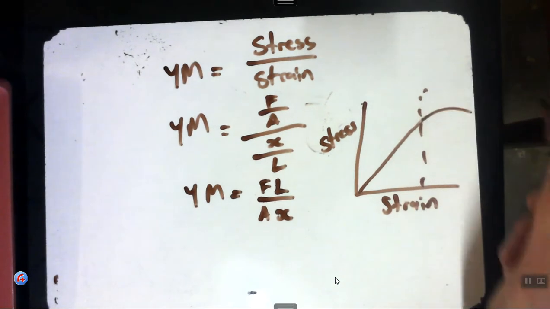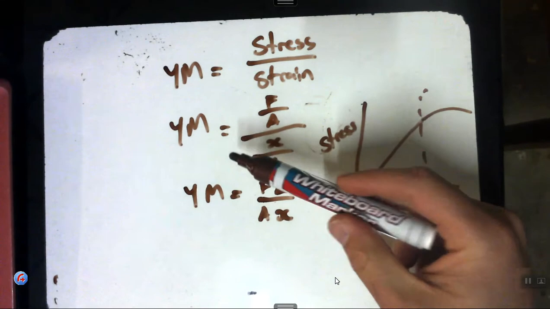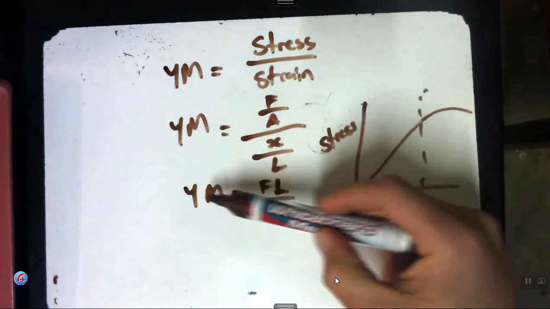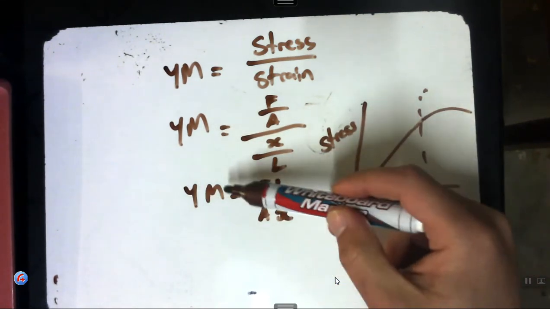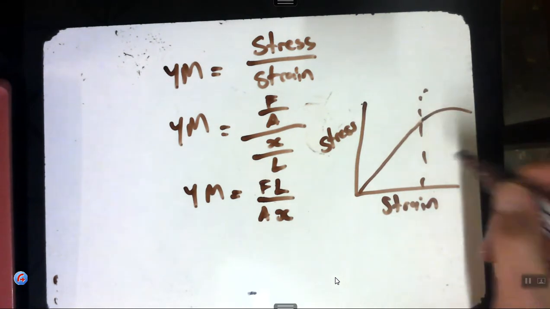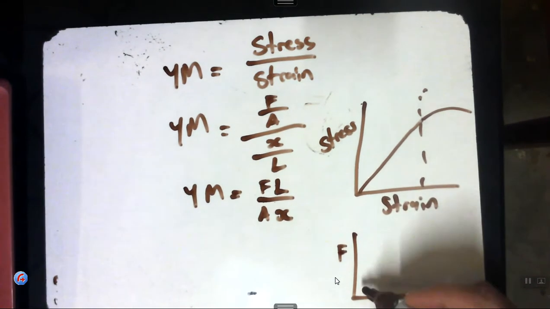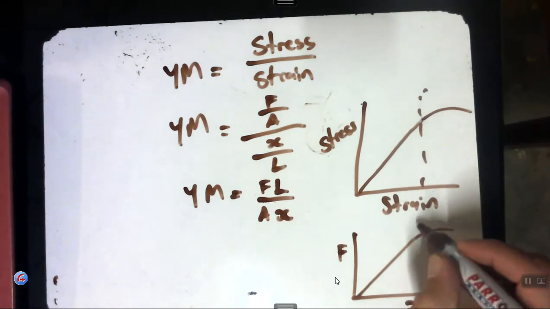Now, the Young's modulus can only be calculated while the material obeys Hooke's law. Now, Hooke's law is the force over the extension, and it looks something similar.